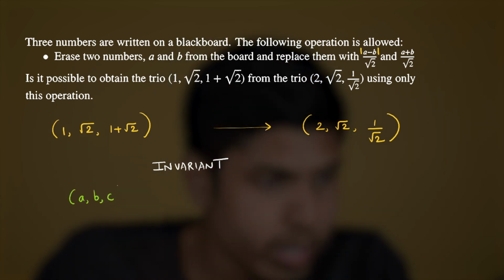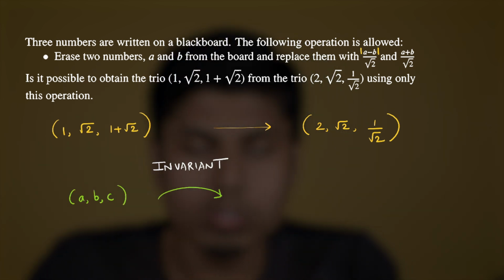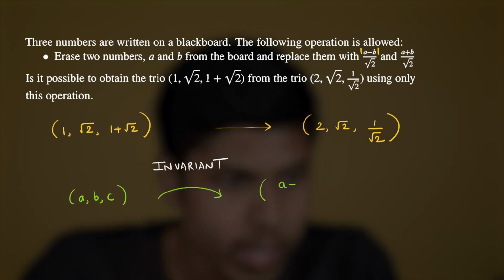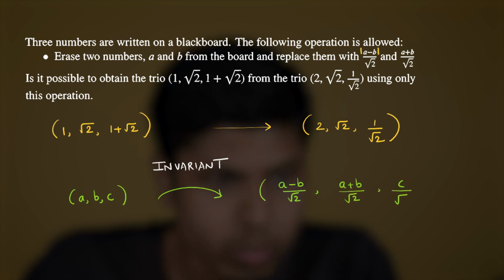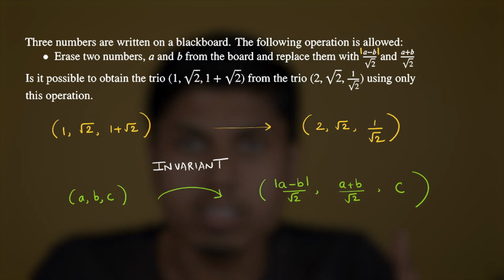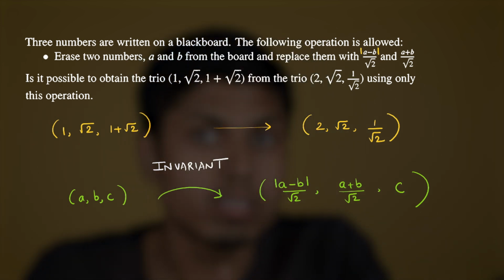Consider the triplet a, b, c. After it goes through one step of the process, it changes to (a minus b) upon root 2, (a plus b) upon root 2, c. Let's just add the squares of all these three numbers.